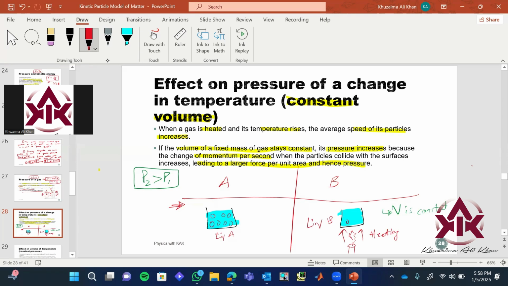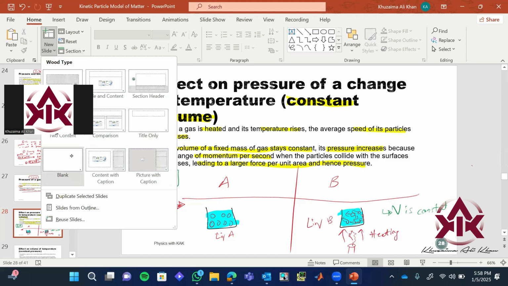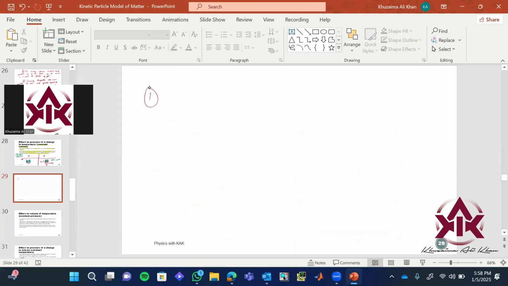So what would happen now? The particles will start to vibrate vigorously, as we have seen in the last lecture. Okay, so the volume is constant. So what is happening over here? Let's dictate the step-by-step procedure. Heating up the liquid does what?